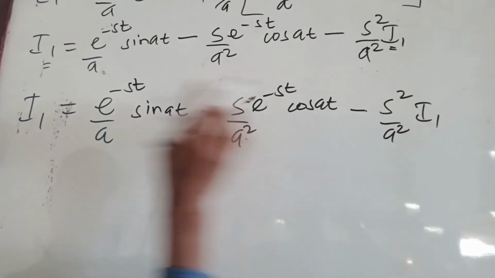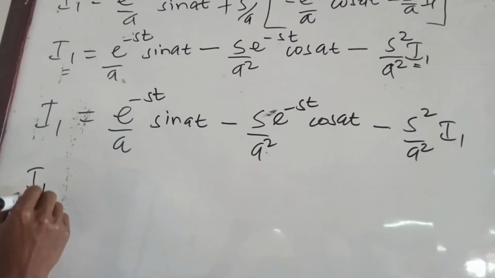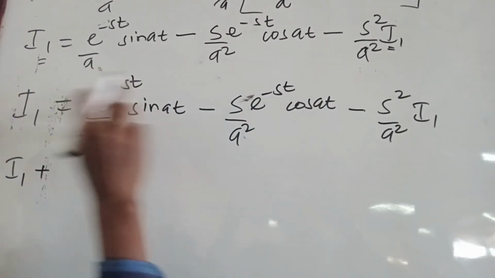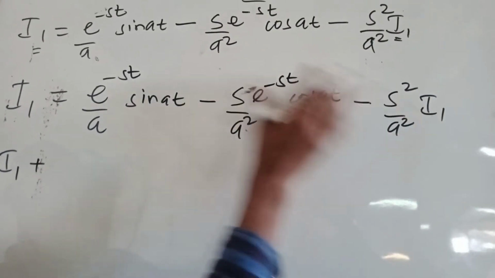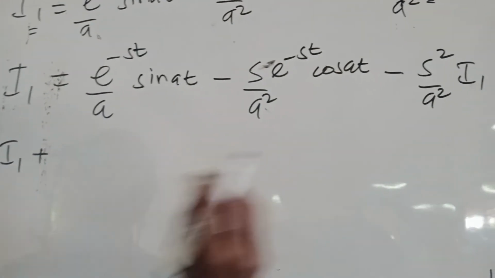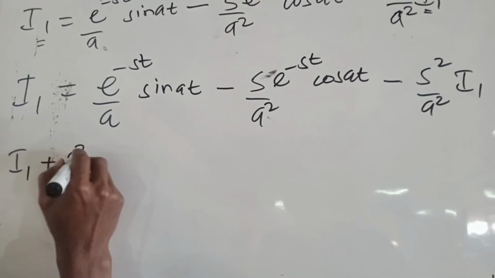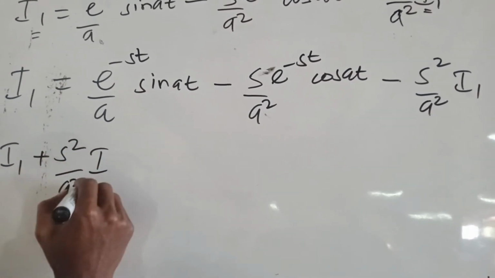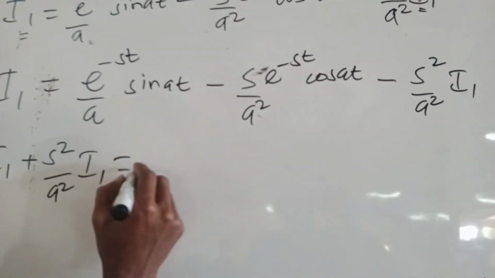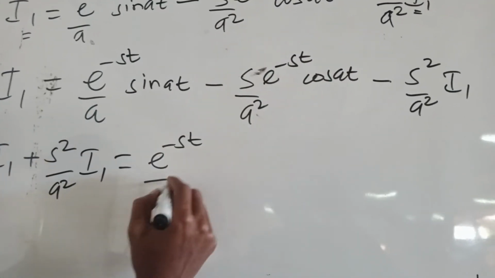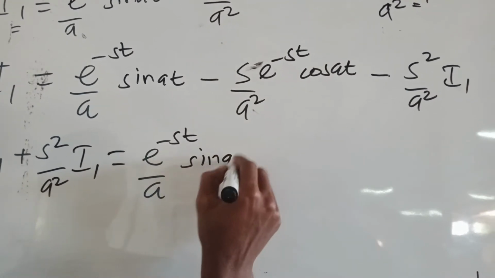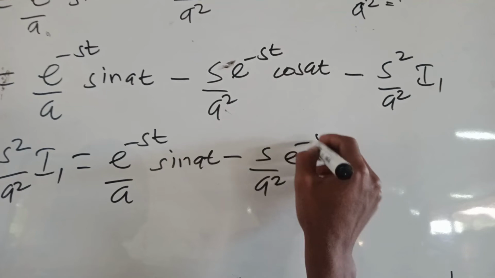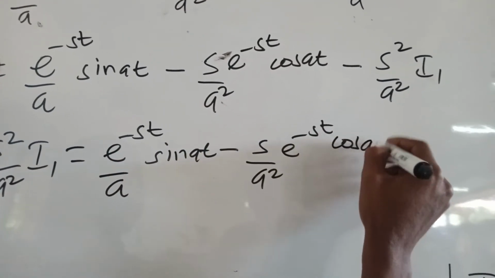So let us carry this I1 to this side. So I1 plus, when we cross from the negative, when a value is attached to a negative value and brought across the equal sign, it becomes positive. So it becomes I1 plus s squared over a squared I1, which is equal to e minus st over a sine at minus s over a squared e minus st cos at.